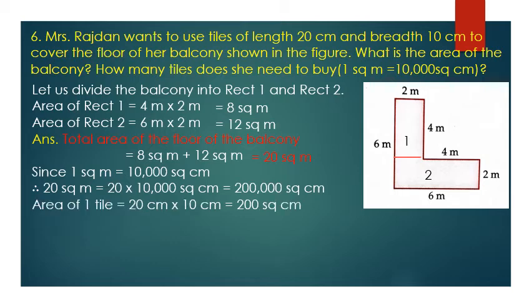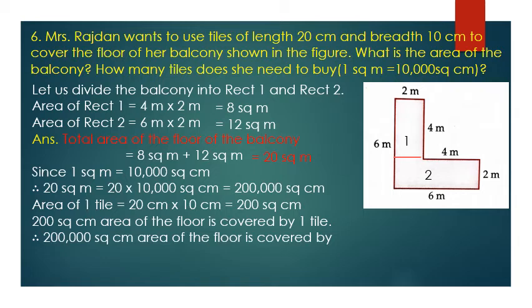Now, area of one tile is equal to 20 centimeter multiplied by 10 centimeter, where 20 centimeter is the length of the tile and 10 centimeter is the breadth of the tile. So, the area of one tile is equal to 200 square centimeter. So now we can say that 200 square centimeter area of the floor is covered by one tile, as it is the area of one tile, right?